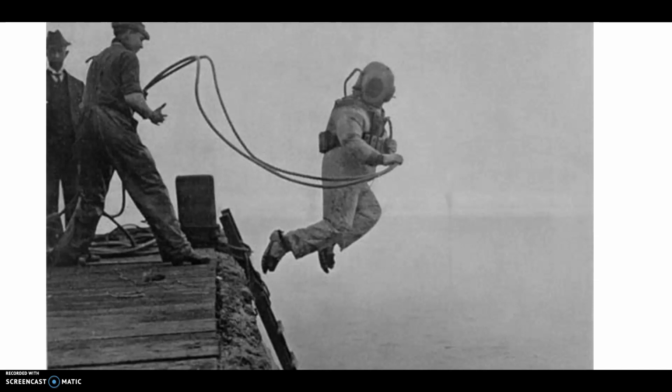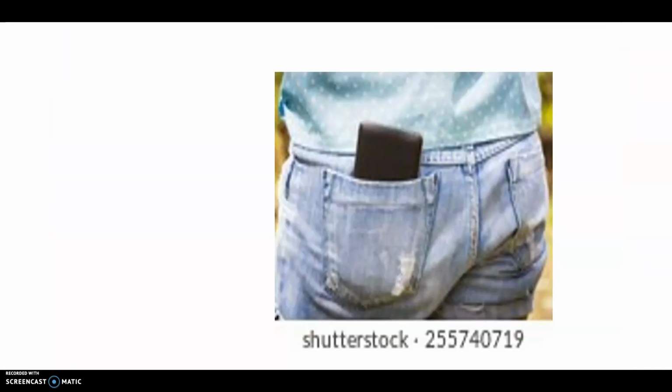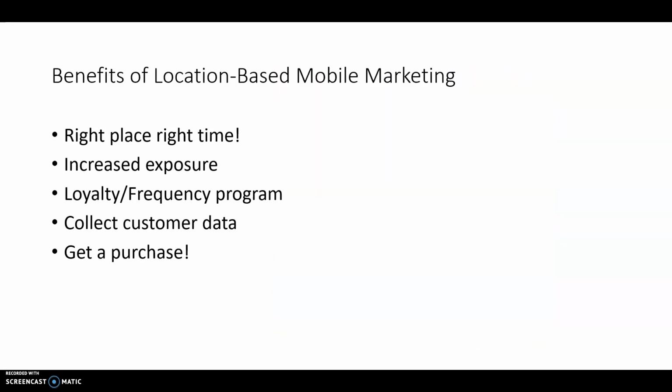Oh yes, so let's remember we're carrying it with us. And the fact that we're carrying it with us at all times means that it's location inclusive. Our location can be tracked, and that information about where we are can be used to target us in different ways. That's something that's hard to do with other devices.